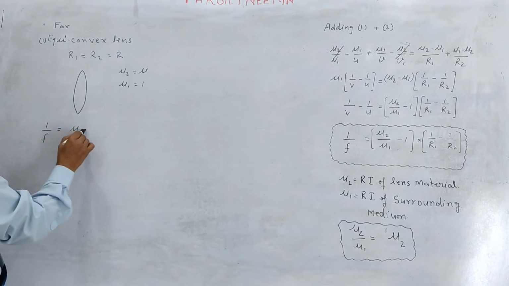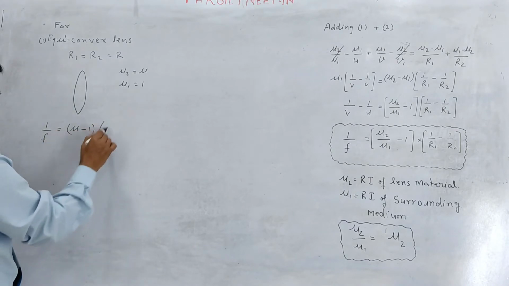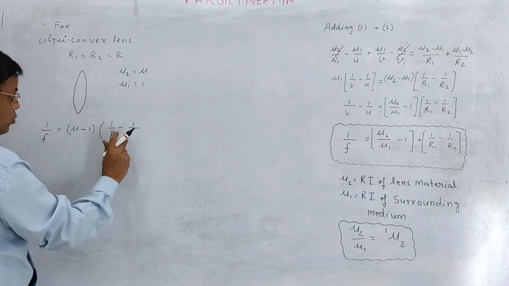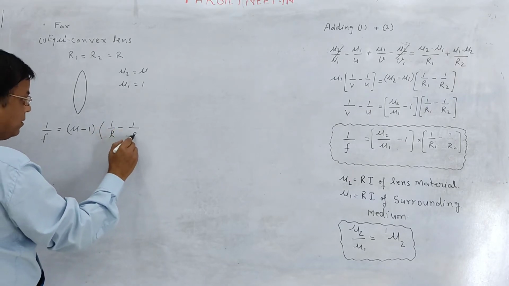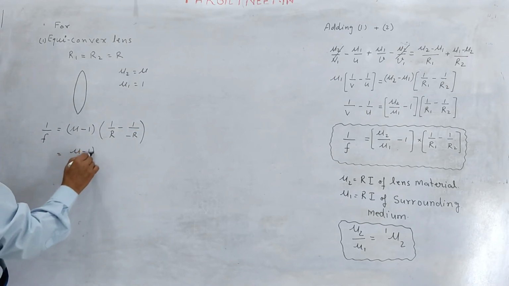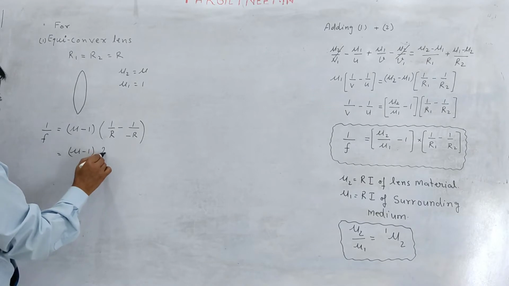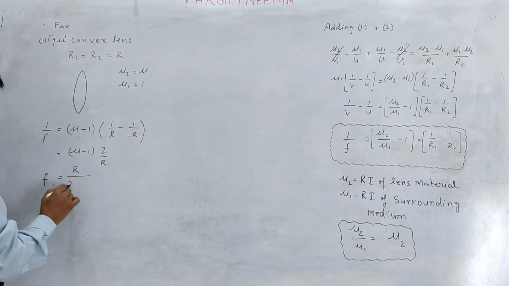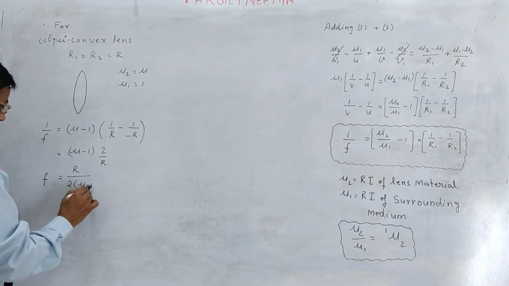So it is (mu minus 1) times (1 upon R1, that is R, minus 1 upon R2, and R2 is negative, so minus R). So it is (mu minus 1) times 2 upon R. So F will be equal to R upon 2(mu minus 1).